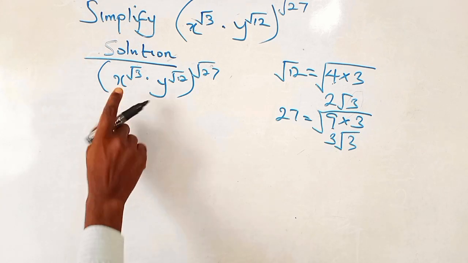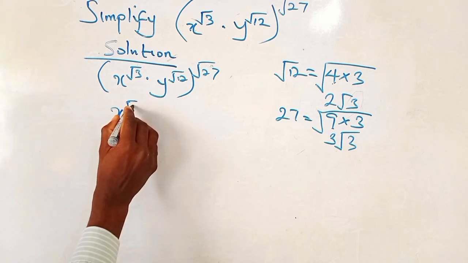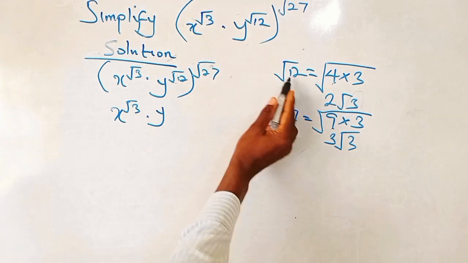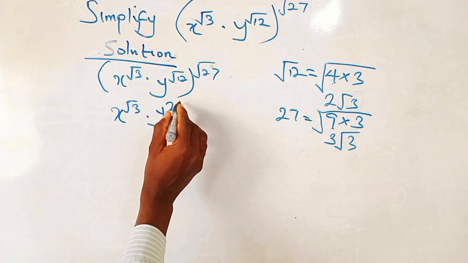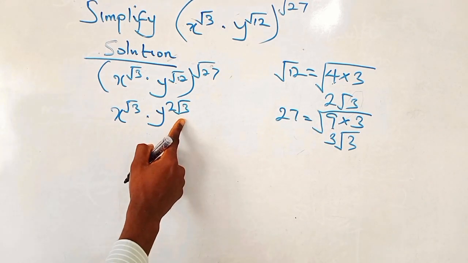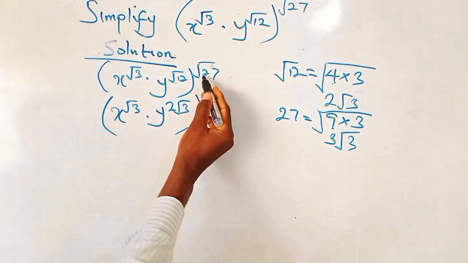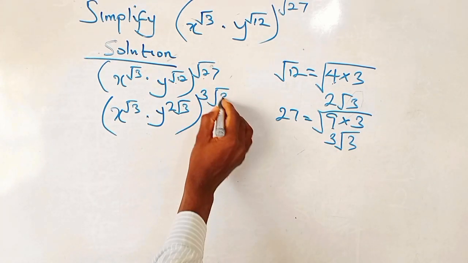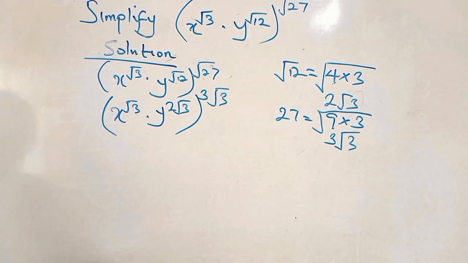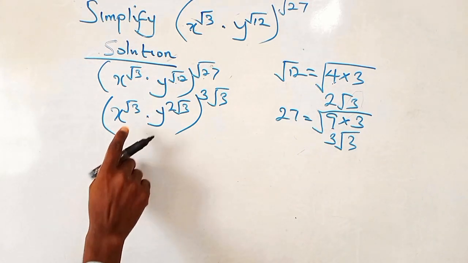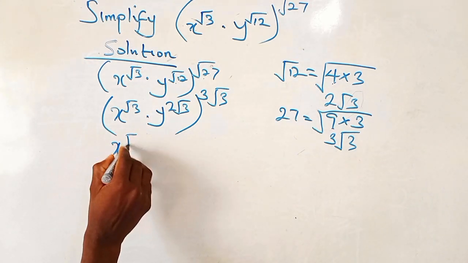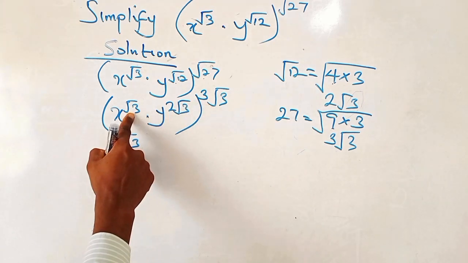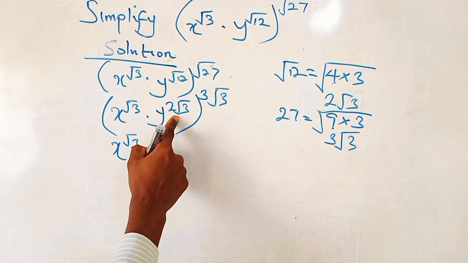So let us write this as x to the power root 3 times y. For root 12, we have it as 2 root 3, and for 27, we have it as 3 root 3. When you apply the exponent law, this will multiply this, and this will multiply this.